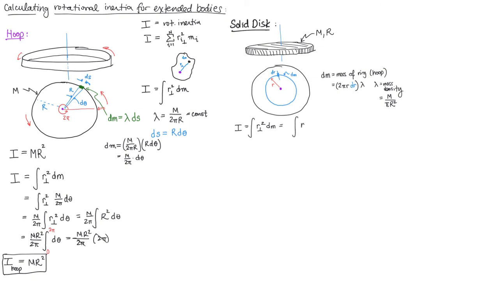The integral of r squared now, where r is the radius of the hoop of interest, times dm, which is 2 pi r dr lambda, and lambda is constant. So is the 2 pi.